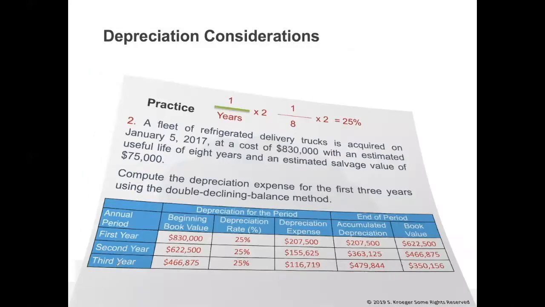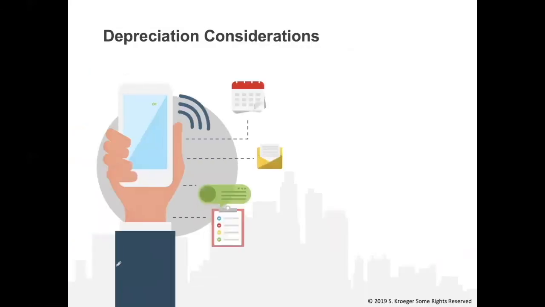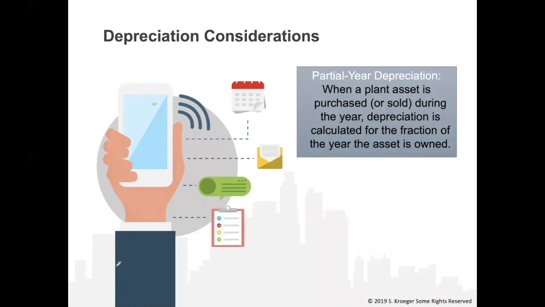There's a couple other considerations I would like to point out for depreciation. We're just really doing full year depreciations, but depreciation can be done in a partial year, meaning that if I did not buy my asset in January, maybe I bought it December 1st. If I bought it December 1st and my year ends December 31st, I wouldn't depreciate it for a whole year.